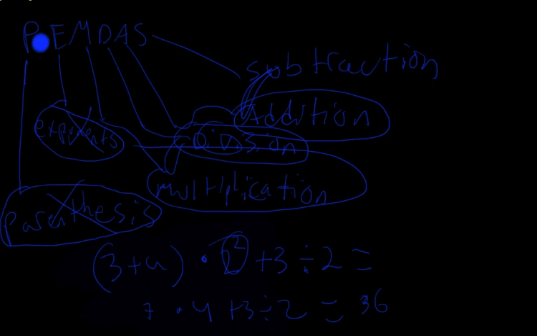So let's divide that 3 by 2 and we get 1.5. Now we have all our operations done, and we just have addition left. We know this all equals 29.5. Okay, so that's a very simple way of solving equations using PEMDAS, and I'll see you in the next video.